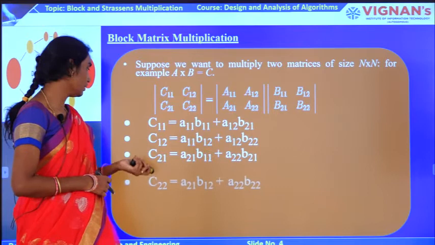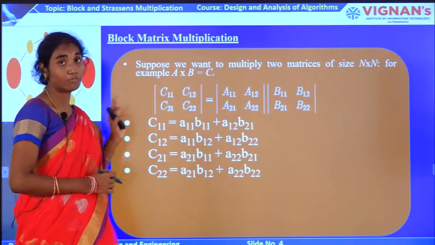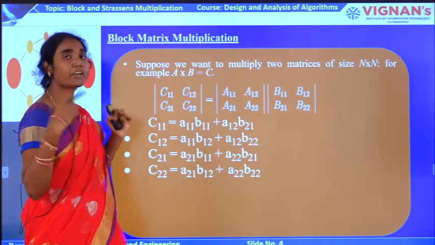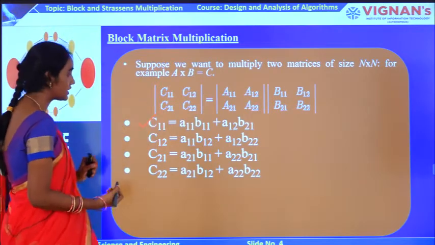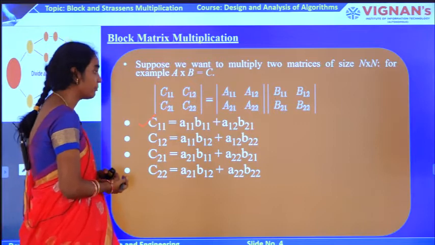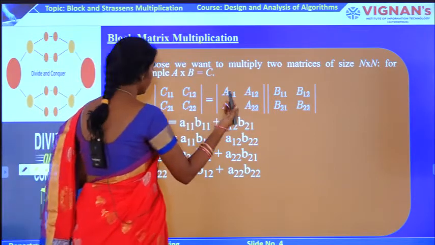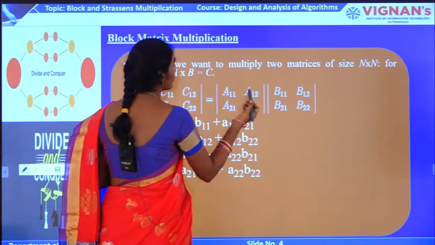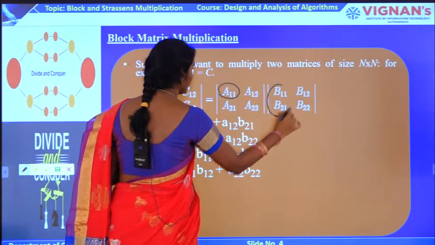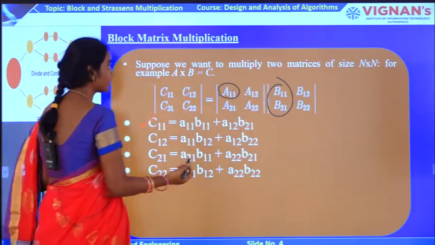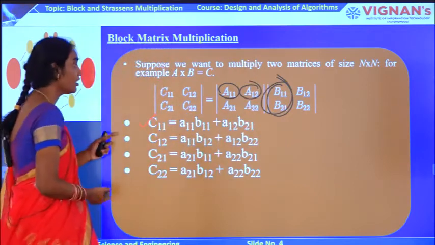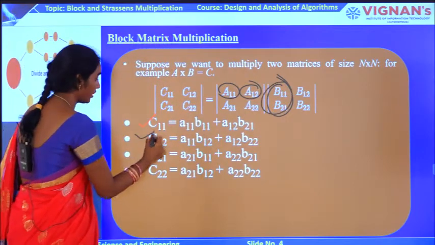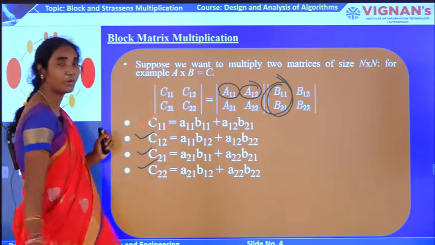Likewise C12, C21, C22. This is all about Block matrix multiplication, that is our previous approach till now. Likewise C12, C21, C22 we are going to multiply.